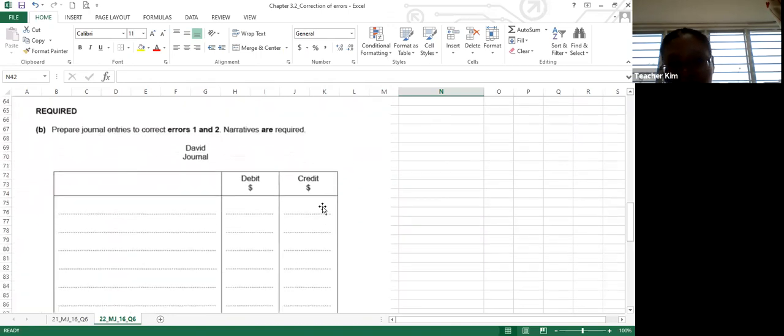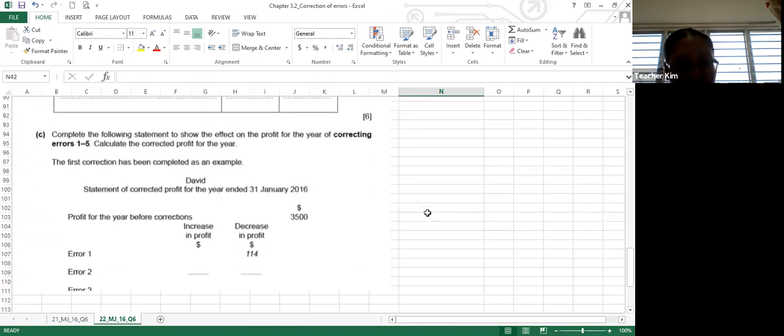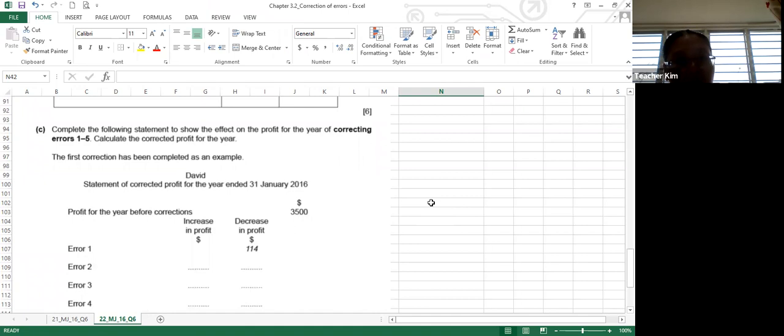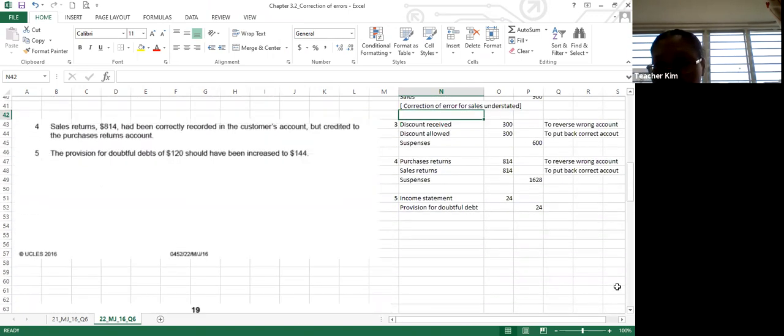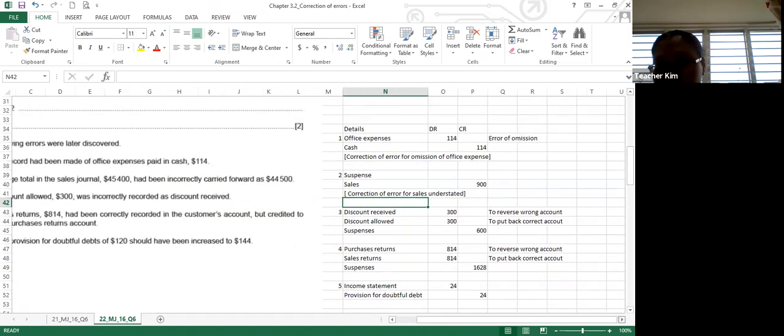Okay, this one B we have done already. Now the question C. Complete the following statement. Show the effect on the profit for the year of correcting errors 1 to 5. Okay, here, before we do this one, we look into all the journal entries that have been made.